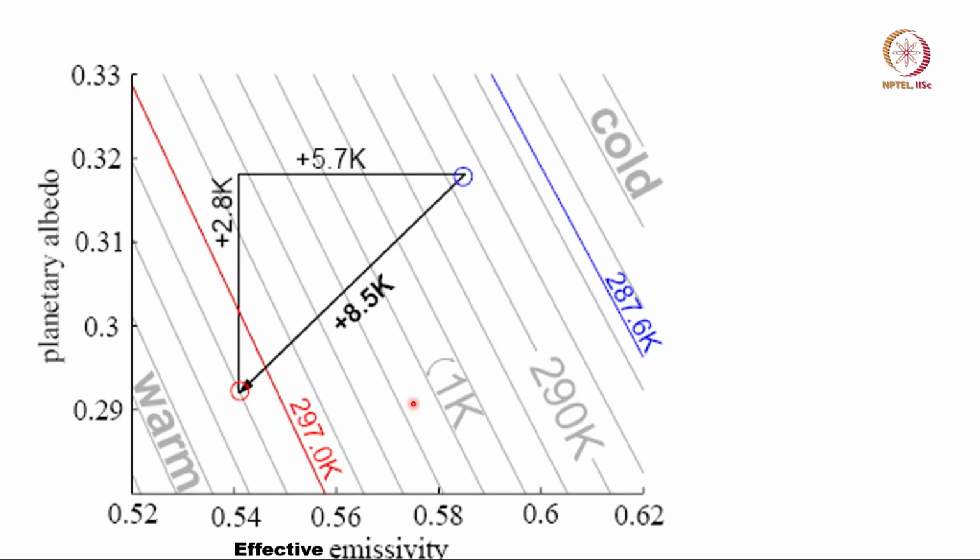Now that is best put on this graphical diagram. The effective emissivity is on the x-axis and albedo rho is on the y-axis, and the present climate is here, 288 Kelvin, and the past, warmer climate, which occurred 55 million years ago, is along this path, but that can be broken up into change due to emissivity and change due to albedo.